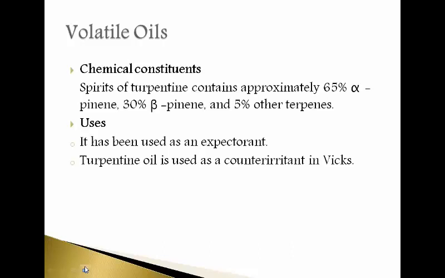The chemical constituent of turpentine oil is approximately 65% alpha-pinene, 30% beta-pinene, and also some other terpenes that constitute 5%. It is used as expectorant, and it is also used in rubs as counter-irritant.